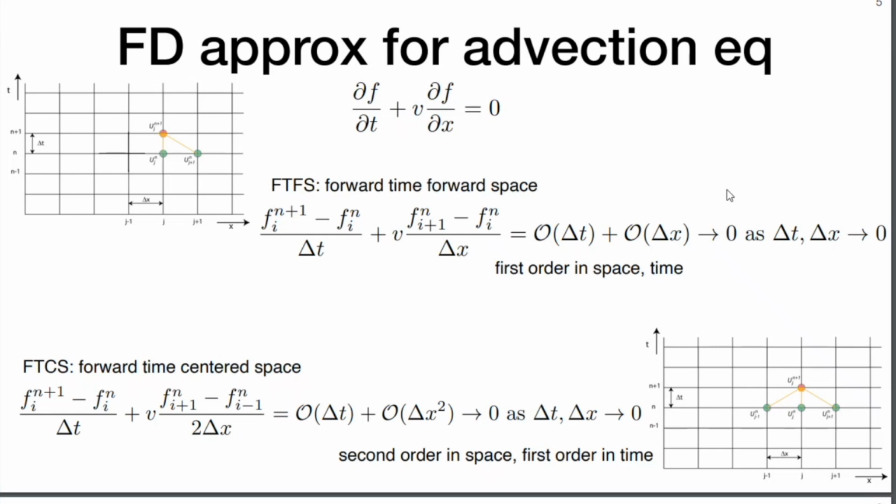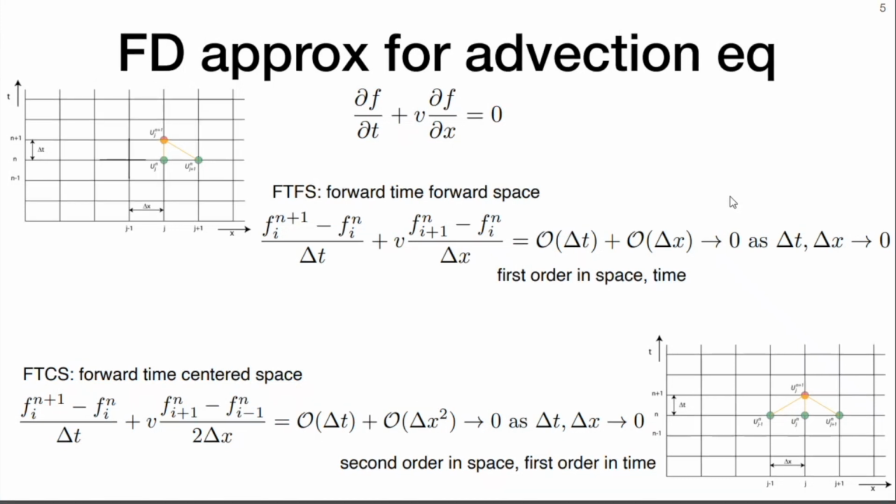Basically, if you increase your grid resolution, you'll start approaching the right answer. Okay, so this is forward time, forward space. This is forward time, centered space. Homework problem. These are extremely simple, but it's worth doing it because that's when you learn. Even this is sort of trivial stuff.